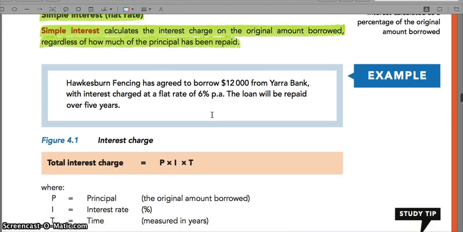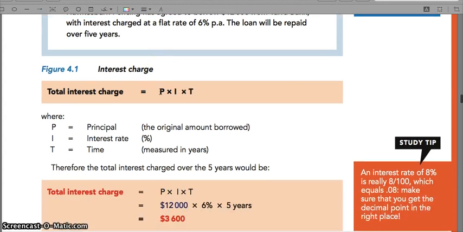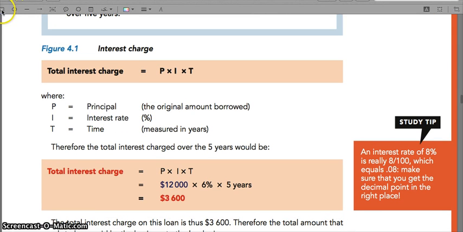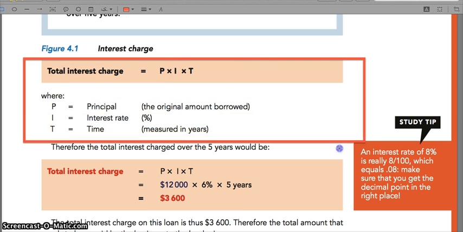So if we have a look at this example here, Hawksburn Fencing has agreed to borrow $12,000 from Yarra Bank with interest charged at 6% per annum. The loan will be paid over 5 years. So this is what we need to be looking at here. Total interest charge is a really simple calculation.